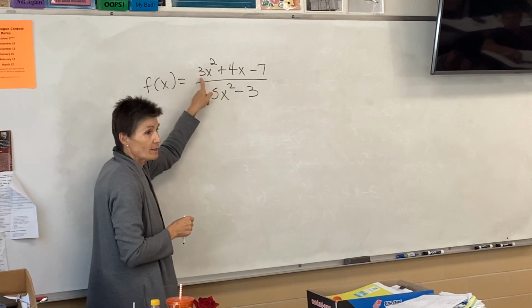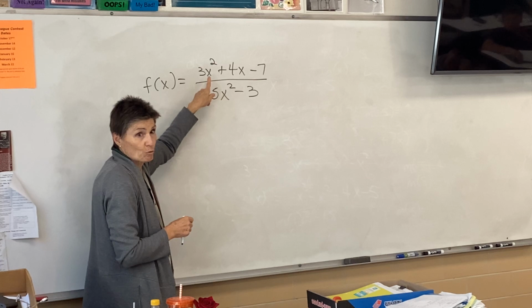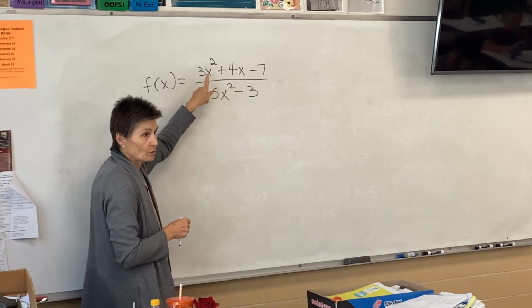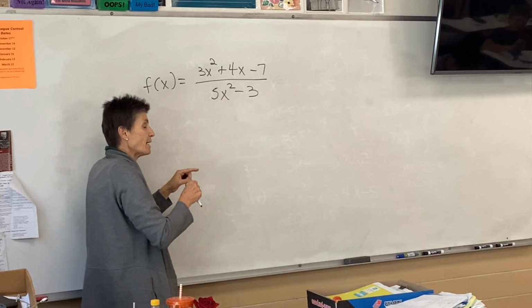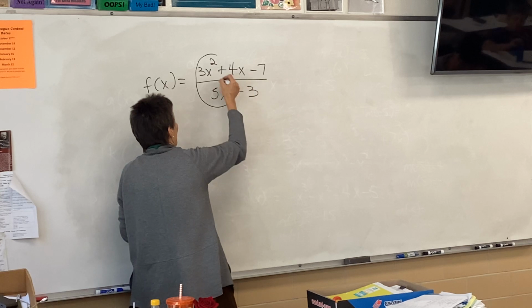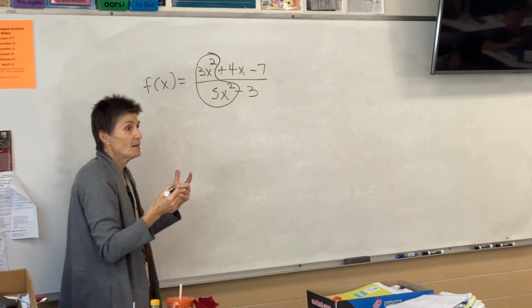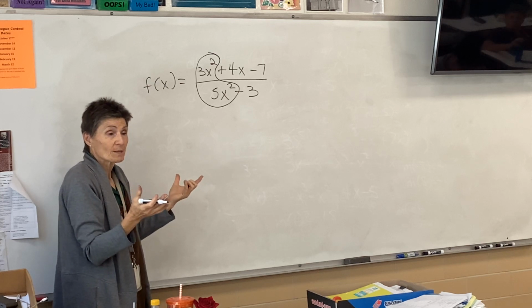Isn't it this term right here? Yeah. If x is like a trillion, this is a trillion squared, that's huge, right? And in the denominator, isn't it right here? So as x is getting really big, then this is the only part of the problem that really matters. It's the most important part.